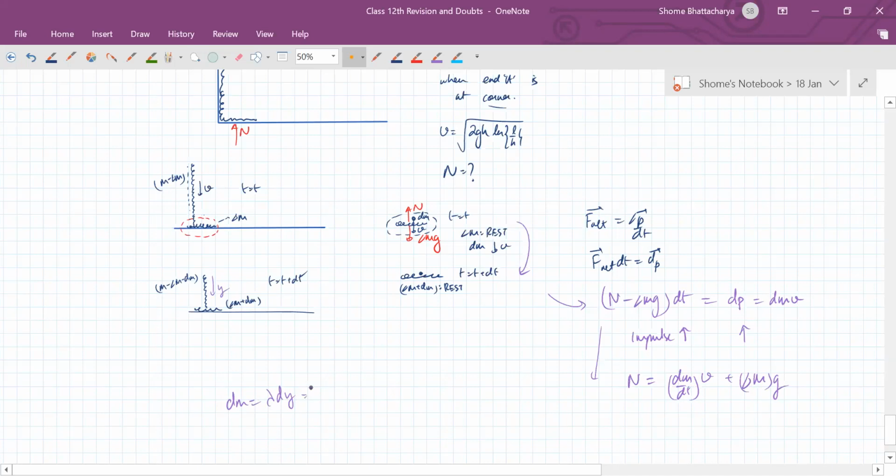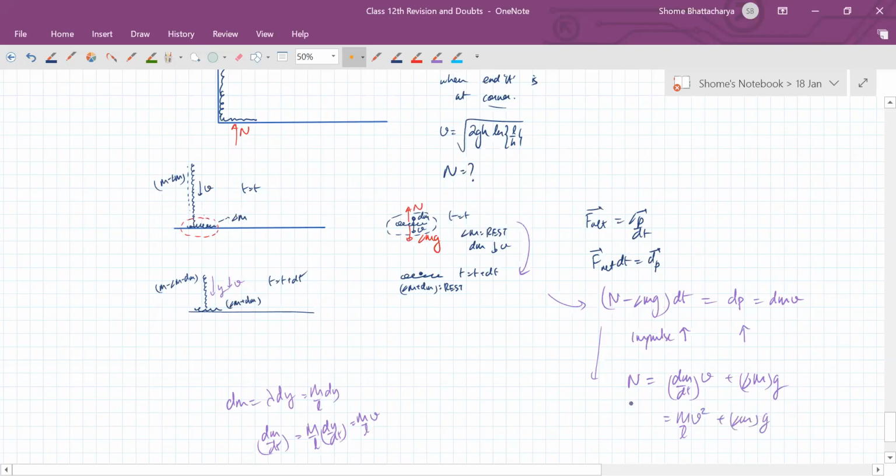So that's m by l into dy. So dm by dt itself is m by l into dy by dt, or m by l into this downward velocity v. So this becomes m by l v square plus the weight of the portion which is on the ground.